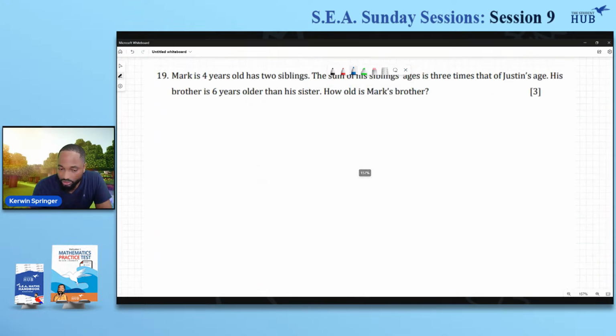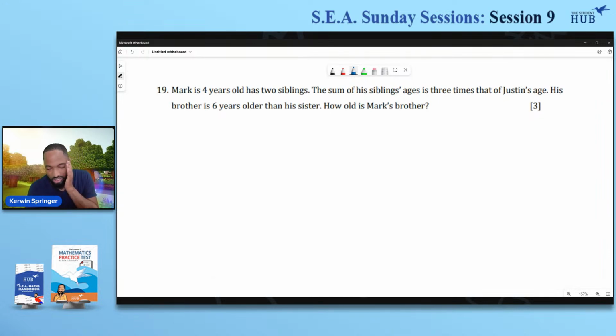Mark is 4 years old, has 2 siblings. The sum of his siblings' ages is 3 times that of Justin's age. So Mo, his brother, is 6 years older than his sister.